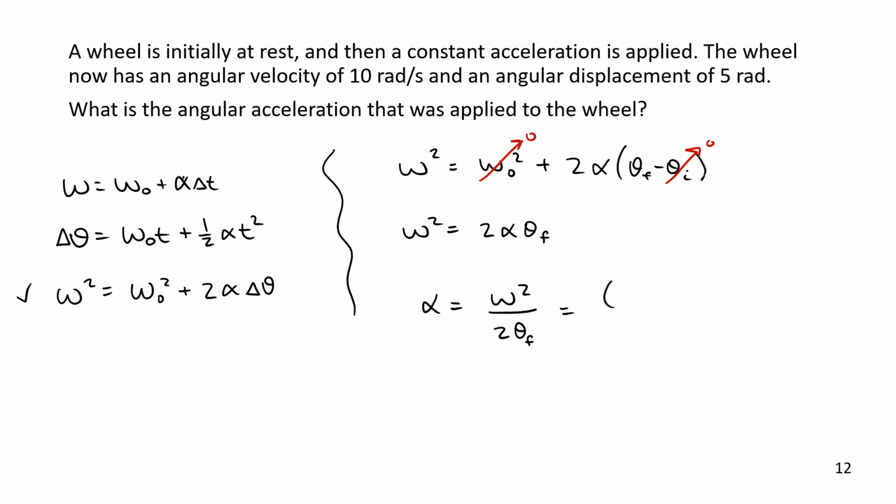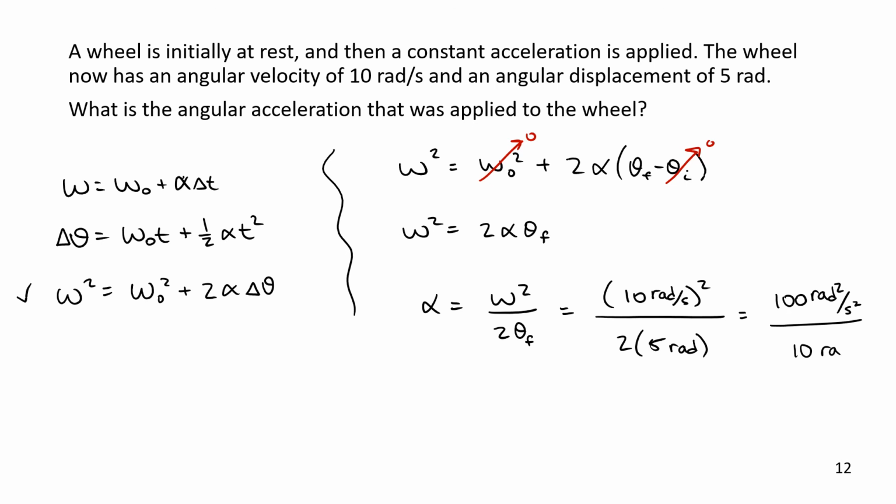Two. So we have 10 squared, over 2 times 5 radians. Radians squared over seconds squared. And this is 100 over 10 radians.